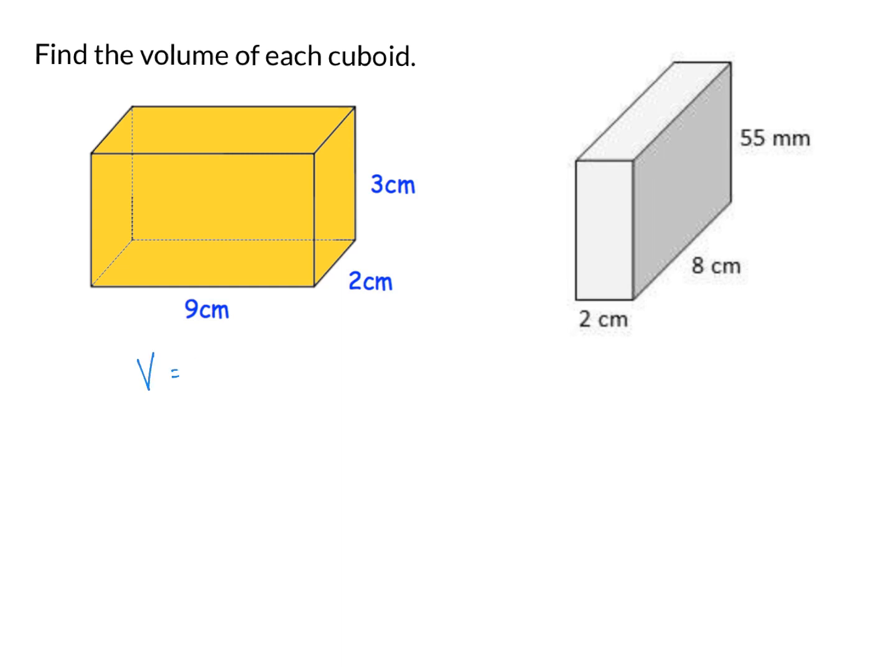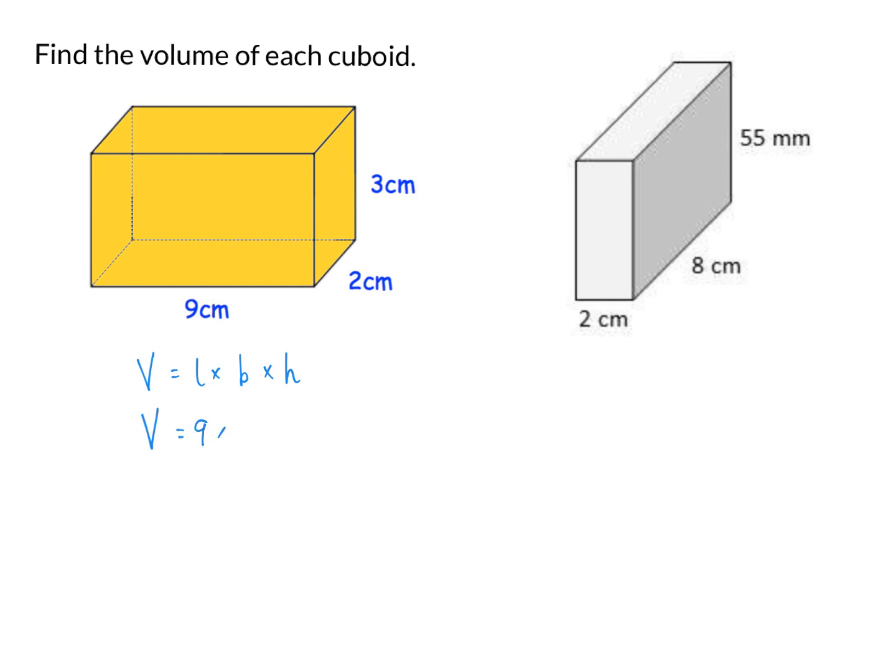Volume is length times breadth times height. So we would always write that formula down. Next step is to substitute in our values. So we've got length, breadth and height. Length is across one side, breadth would be across the other. So notice the 9 and 2 are down the bottom rather than being along the top.